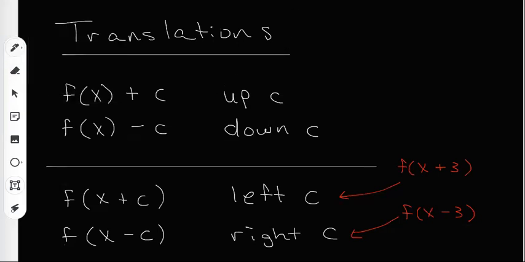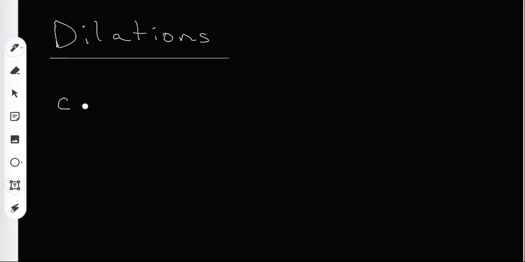Okay, let's talk about dilations. When you're dilating something, you're either stretching the function or you're shrinking down the function. So let's say you have c times f of x, right? You're multiplying on the outside by this number c.